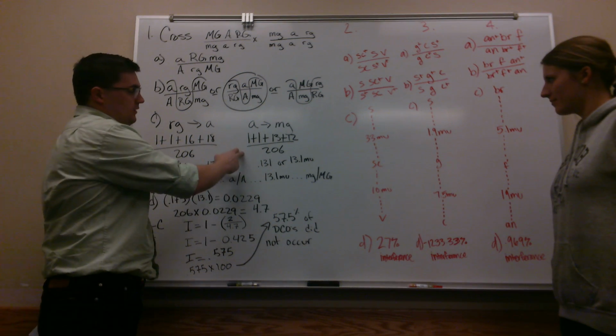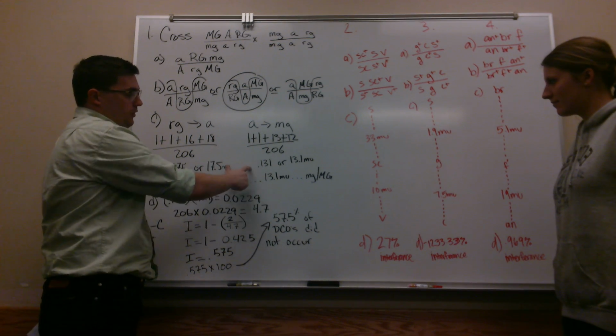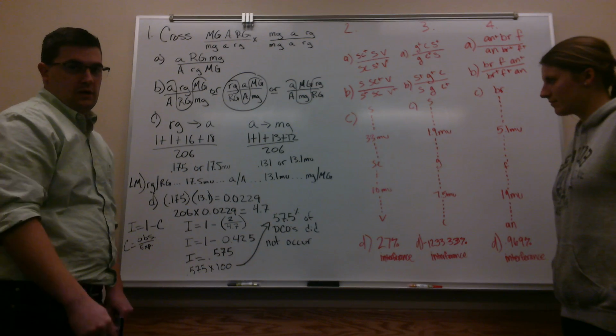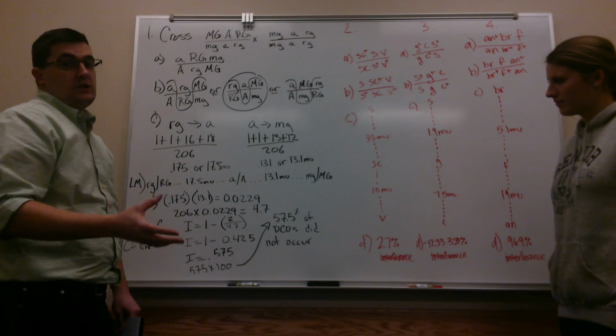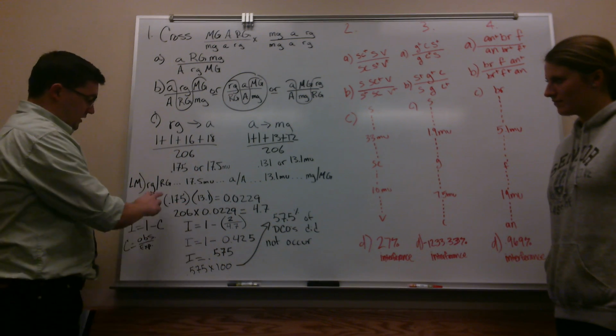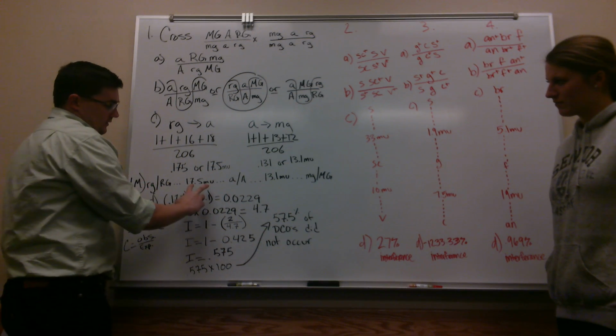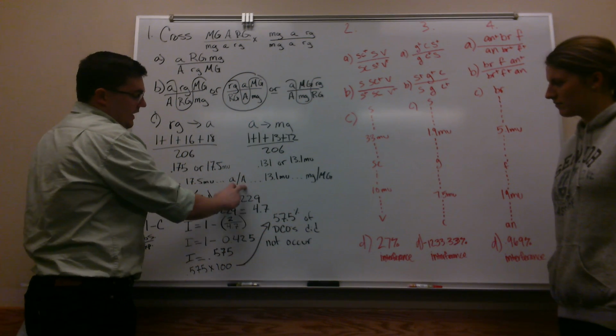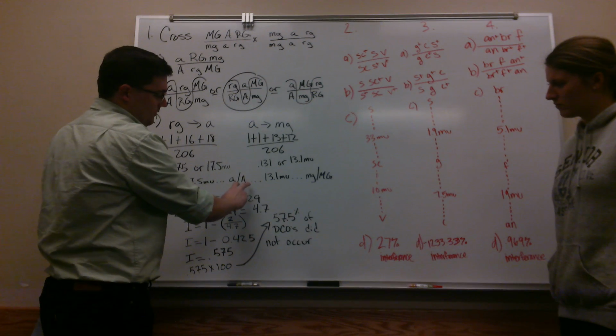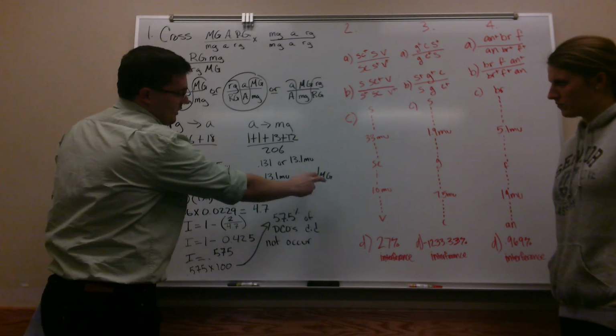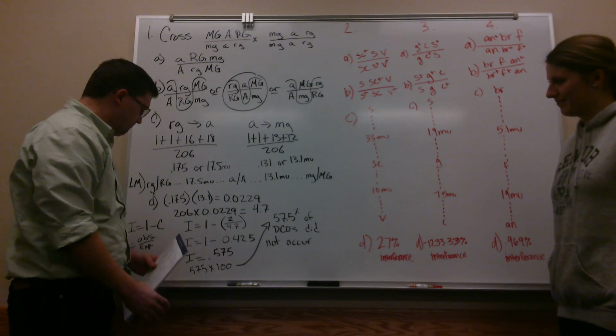On this one, you get 0.131 or 13.1 MUs. Once that's determined, you can draw out your linkage map, which is right here. You have your RG 17.5 MUs to your A, and then from your A, 13.1 MUs to your MG. Okay.